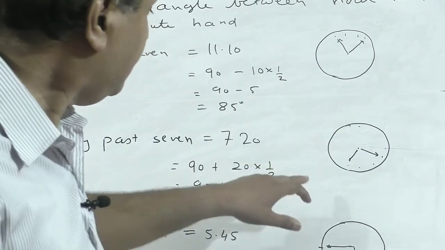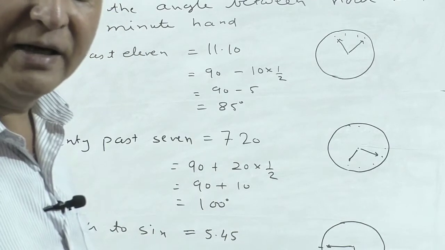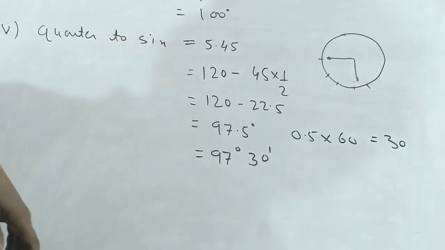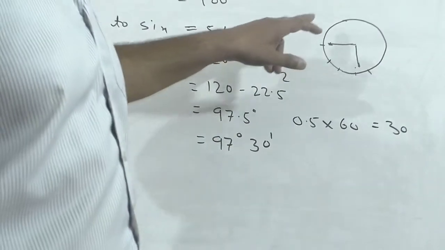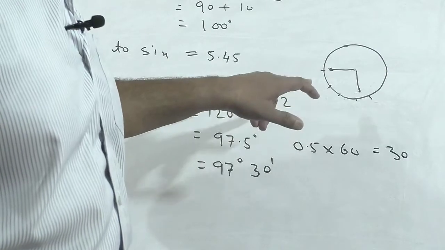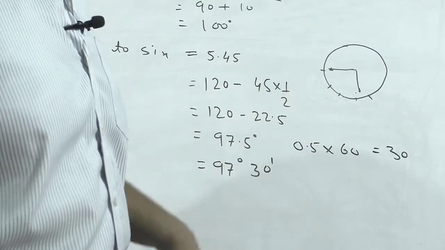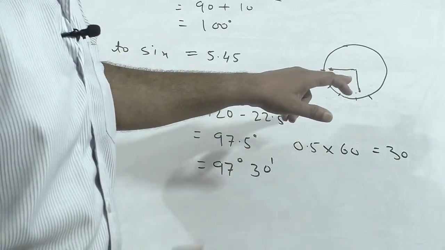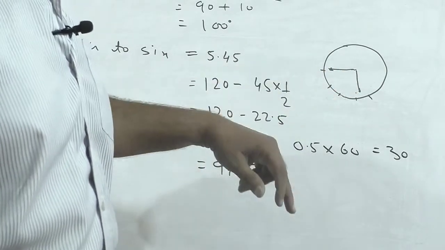Getting the angle between the hour hand and the minute hand. Okay. Quarter to 6, that is 5:45. Actually the hour hand is on 5 and the minute hand is on 9. The main angle is 120 degree. But now the hour hand is approaching 6, so you have to subtract.